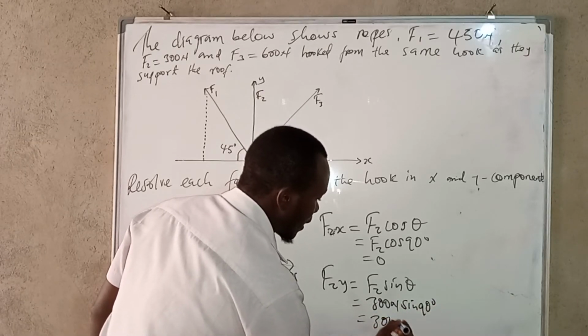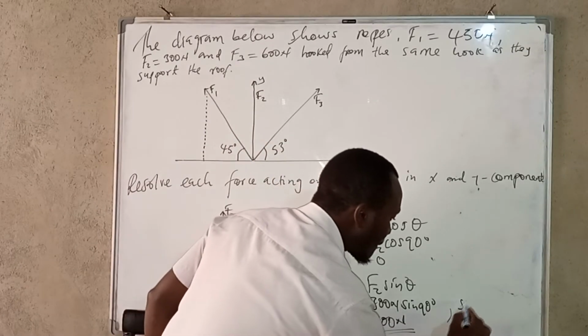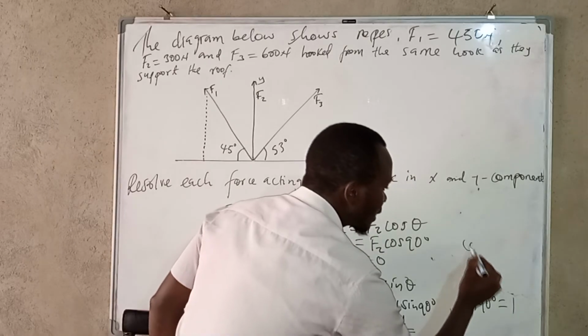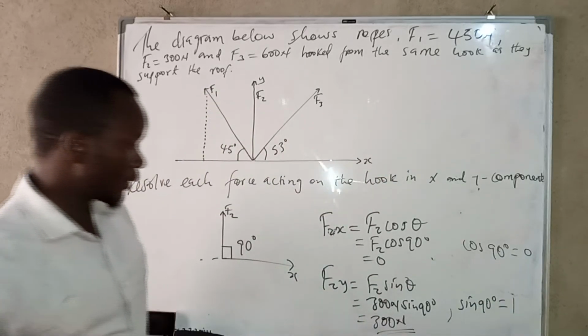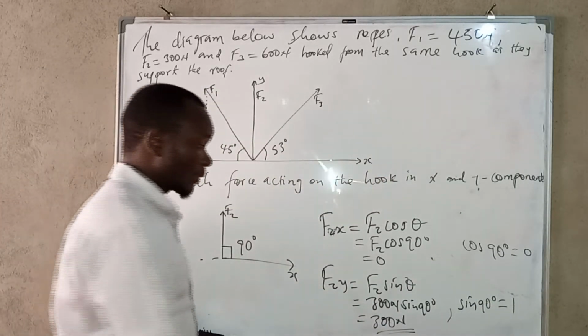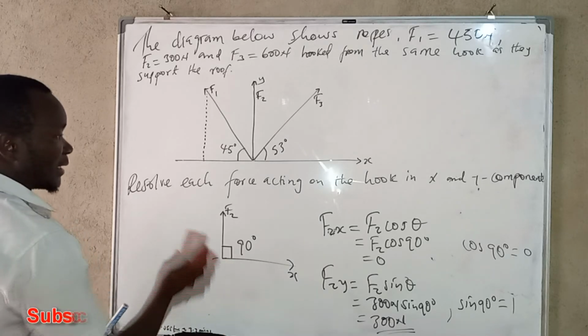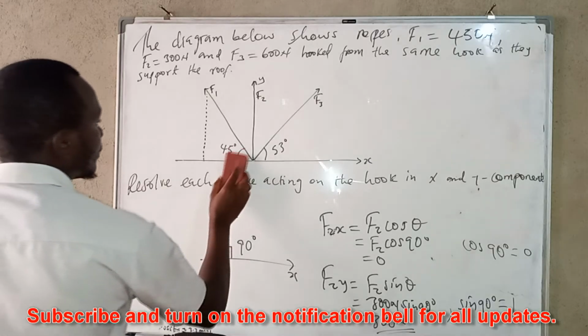Here we are going to have 300 newtons. Sine 90 is equal to 1. But cos 90 is equal to 0. So this is how we should go about finding the second part, since this is at 90 degrees. Let us go on and find the last one.